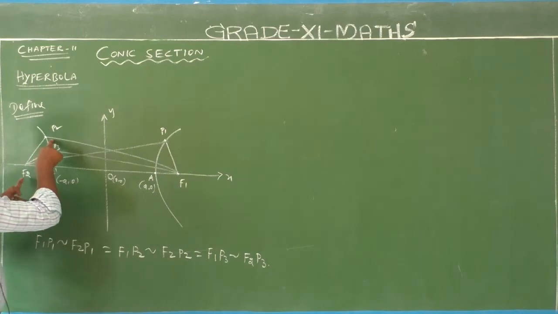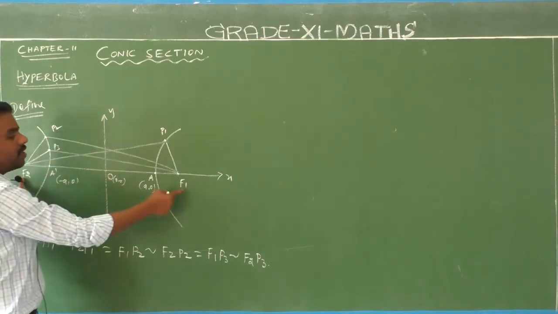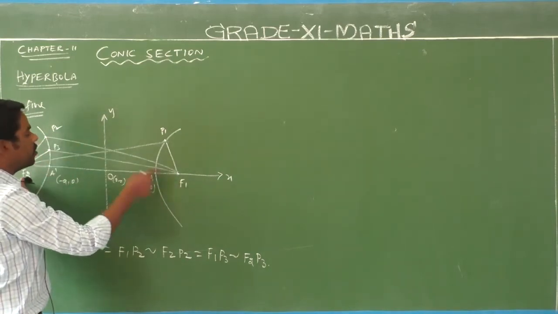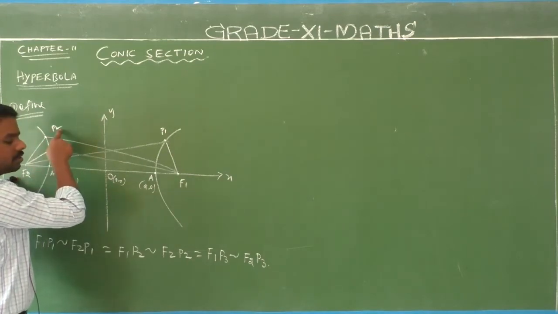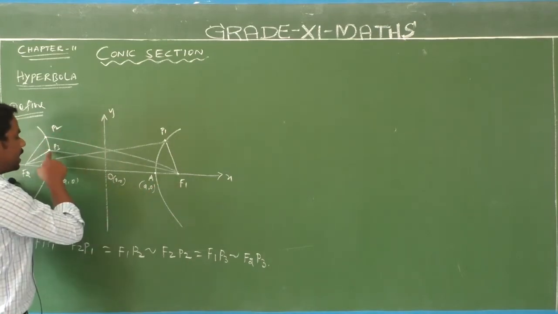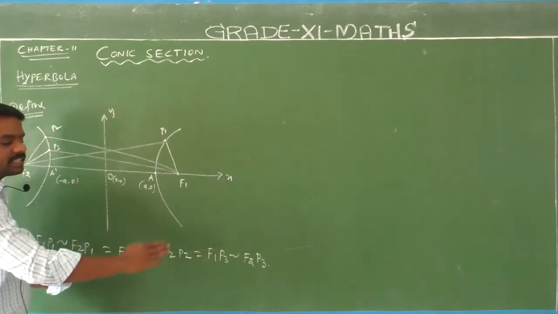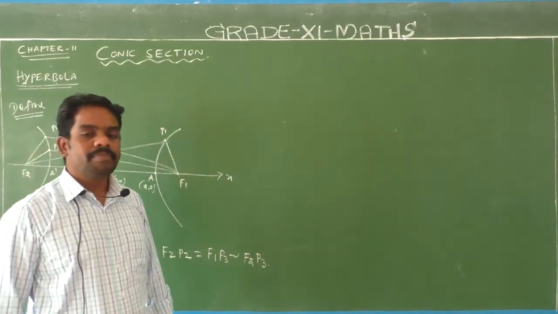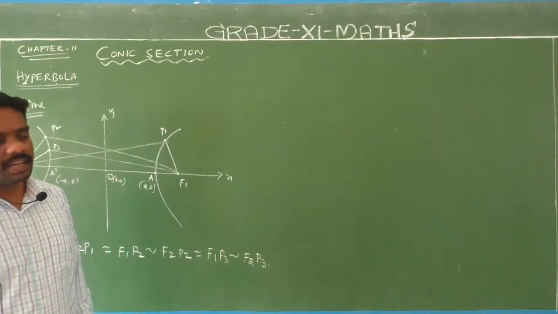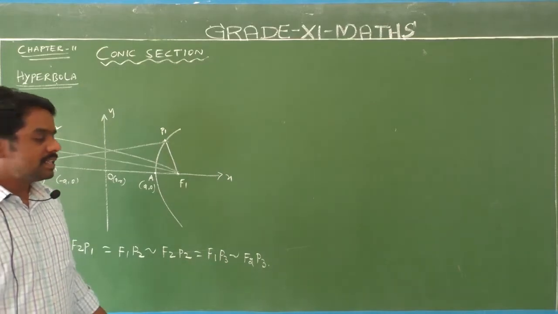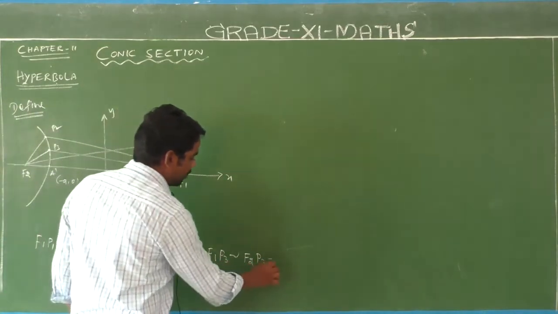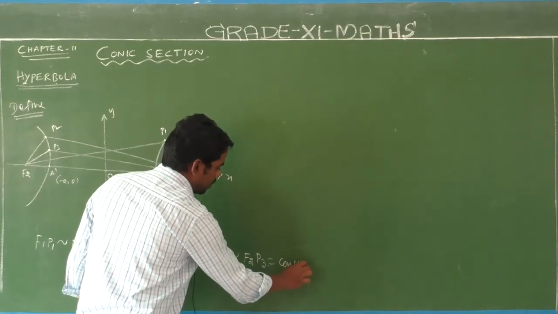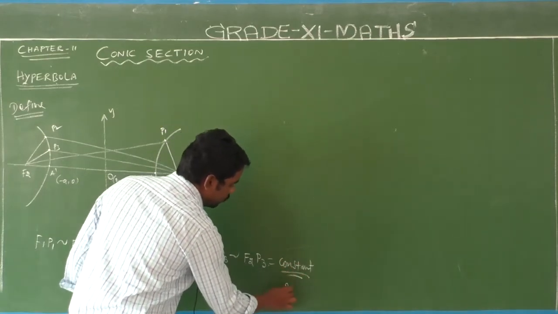So the difference between F1P2 and F2P2, and the difference between F1P3 and F2P3, is also the same. That is the hyperbola definition. This value is a constant, and the constant value is 2a.